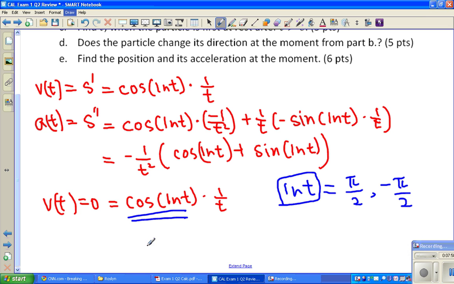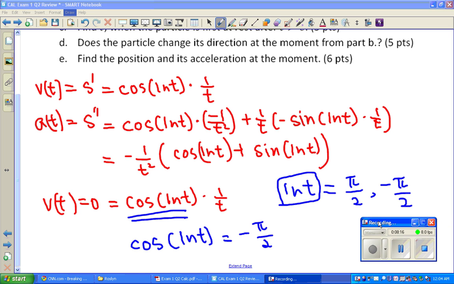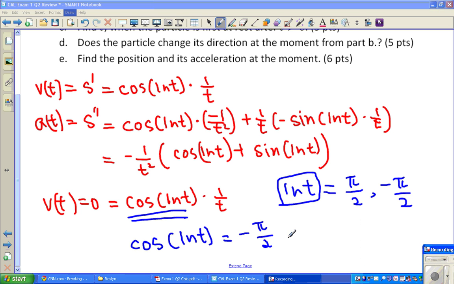So therefore, the ln of t has to be equal to negative pi over 2. In fact, there are infinitely many values, but we'll just approach this one.